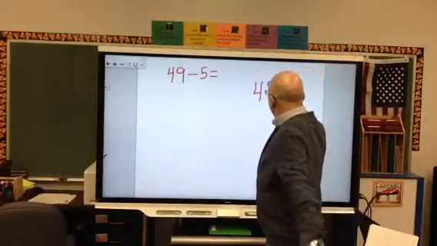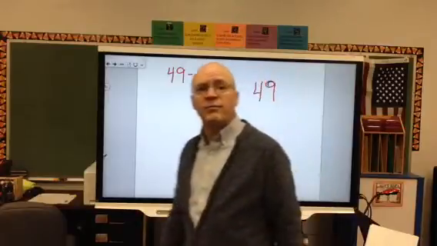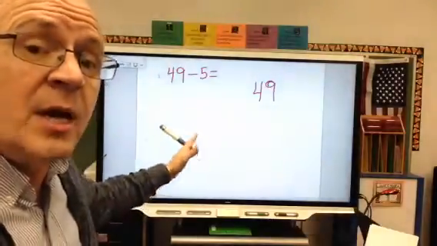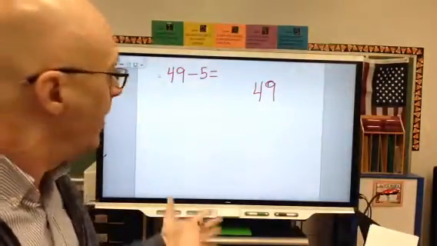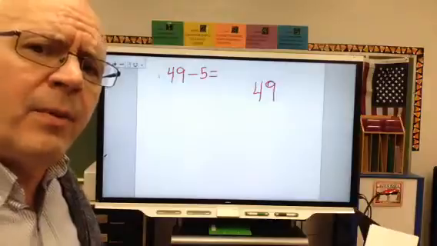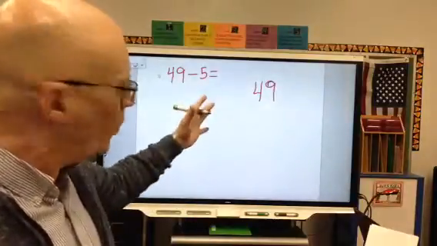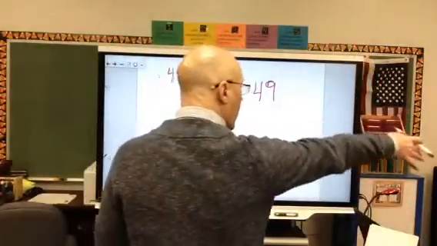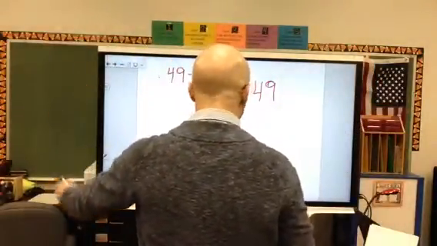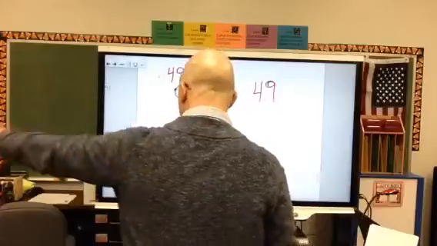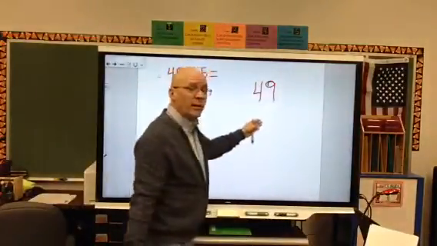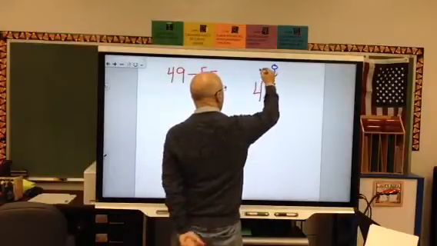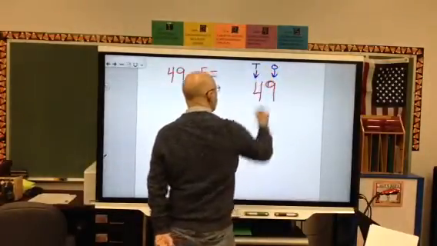If I look at that number 49, and I want to make sure I stack the 5 in the proper place so I can do the right subtraction, I've got to ask myself, what about my place value? What's in the ones and what's in the tens? Remember, when we talk about place value, we talk about ones, tens, and hundreds. If I look at this 49, I'm going to know that the 9 is in the ones and the 4 is in the tens, right?